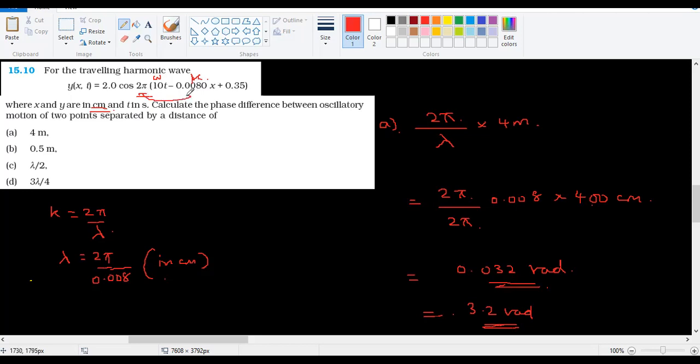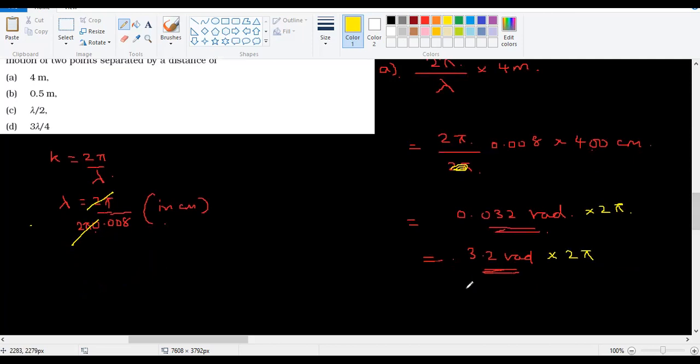So this 2 pi should be multiplied inside this. In place of k, it is actually 2 pi. 2 pi cancels, so what is left is only this much. So lambda. So do the math. It will be 3.2 into 2 pi, 6.4 pi.